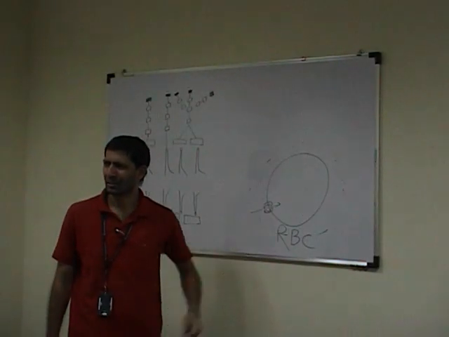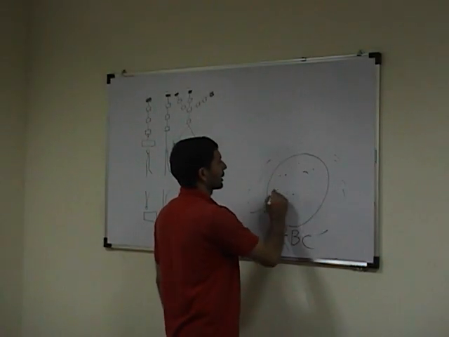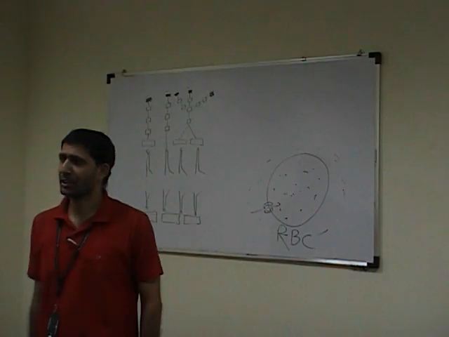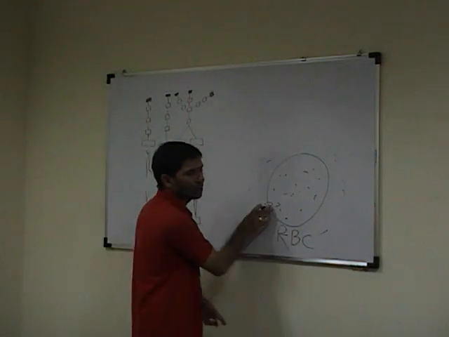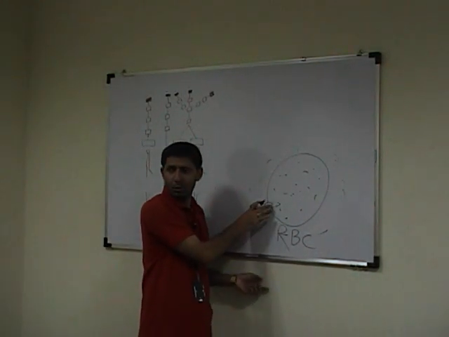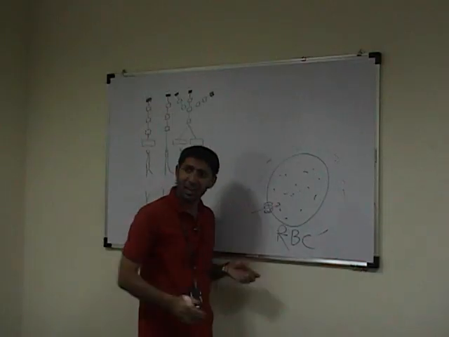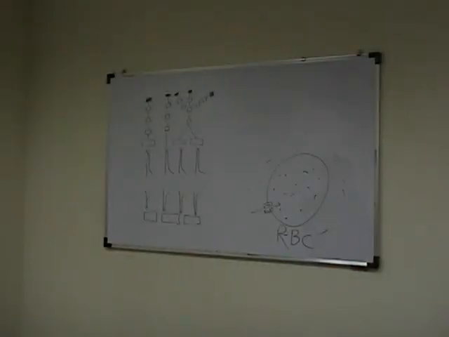It enters, and when it enters, this RBC, particularly the erythrocyte, is filled with hemoglobin. So glucose binds with hemoglobin, and that process is called hemoglobin glycation.